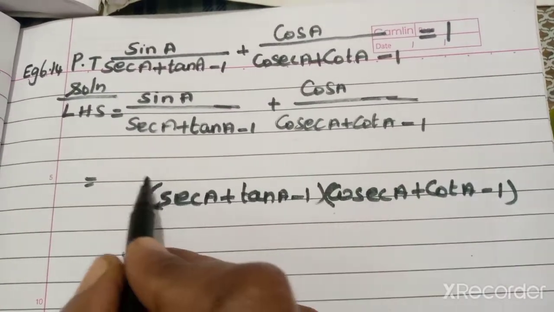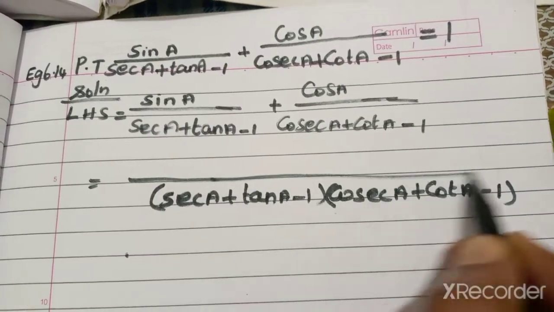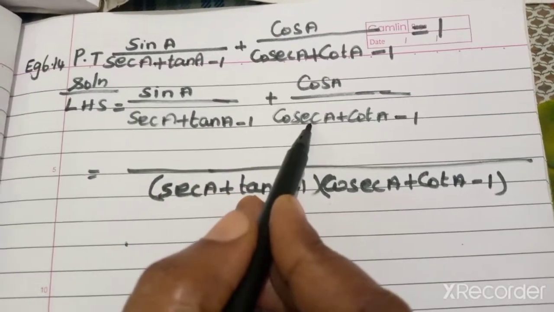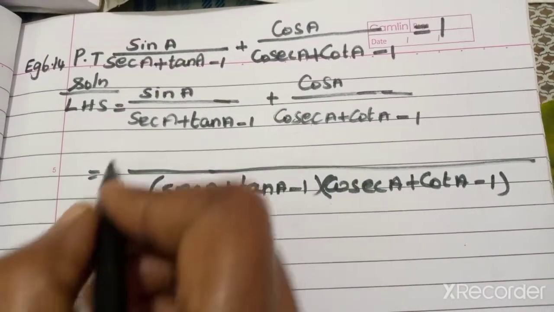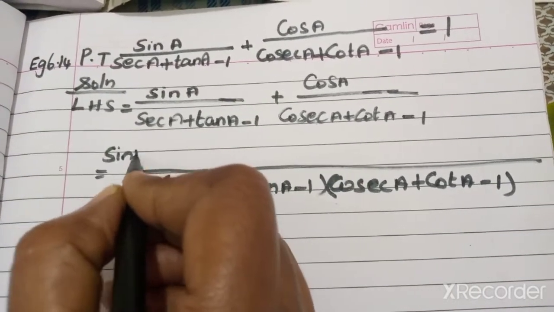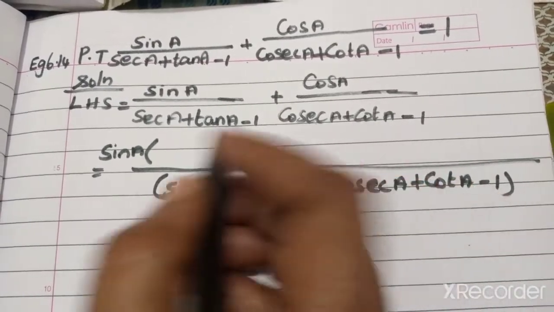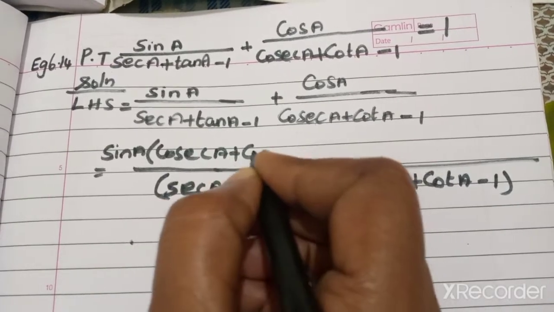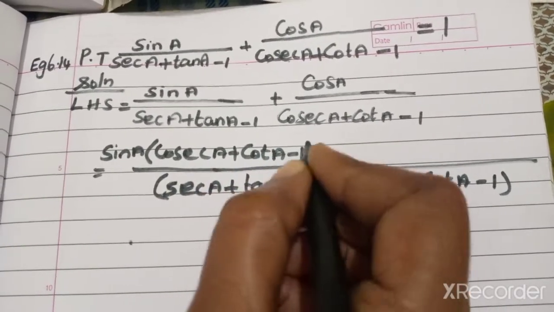Okay, so numerator, what is the numerator? Cross multiplication. Okay, sin A into this term plus cos A into this term. Let's write sin A into this term, cosecant A plus cot A minus 1.